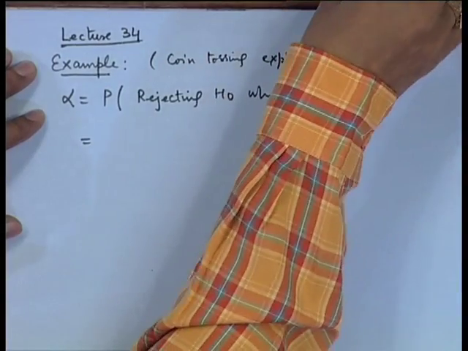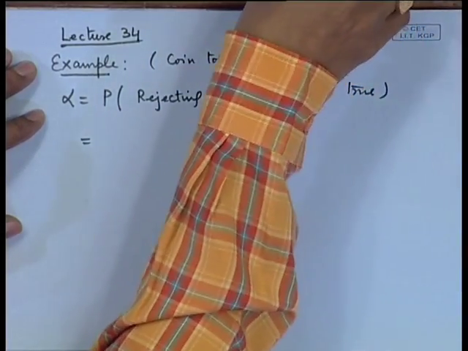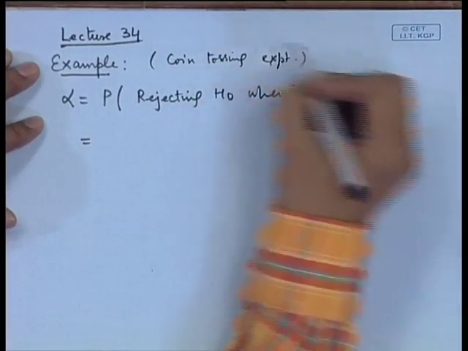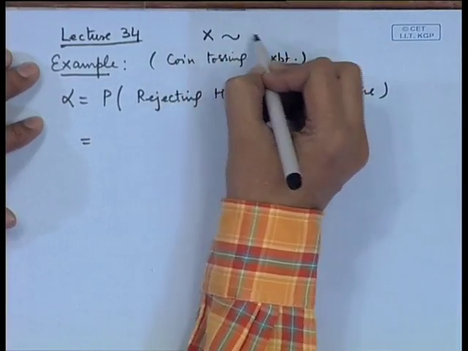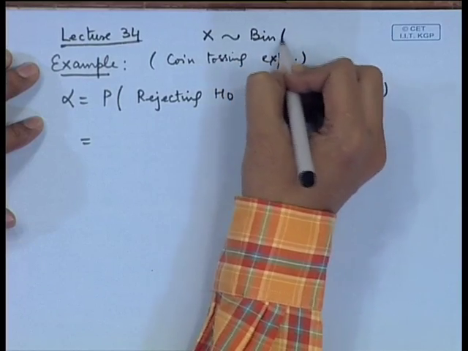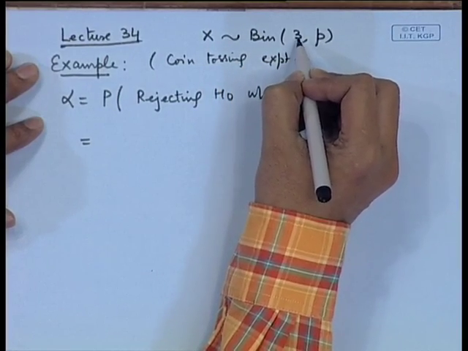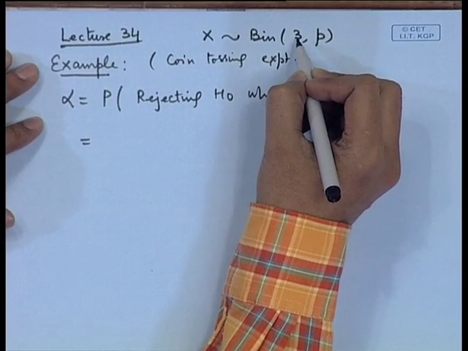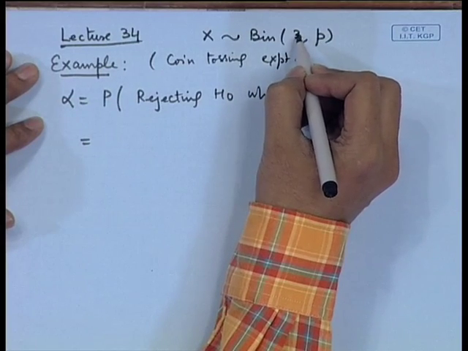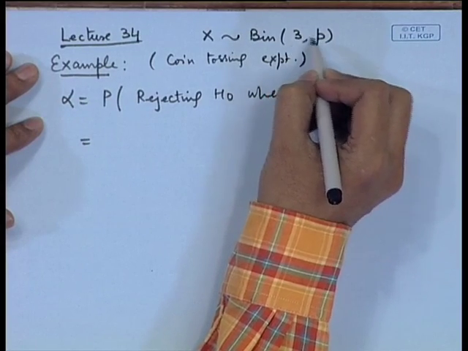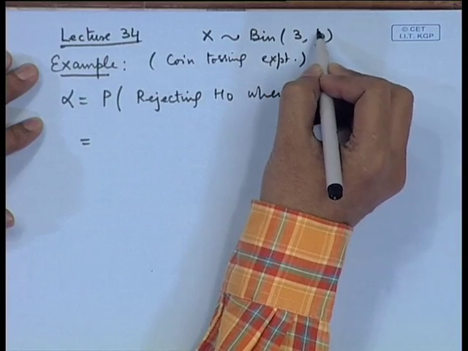So, we can restrict attention to the random variable x, that is the number of heads. Here x follows binomial (3, p), because in the 3 tosses of the coin you may have at the most 3 heads. So, 0, 1, 2, 3. It is a binomial distribution, the head occurs with a probability p.